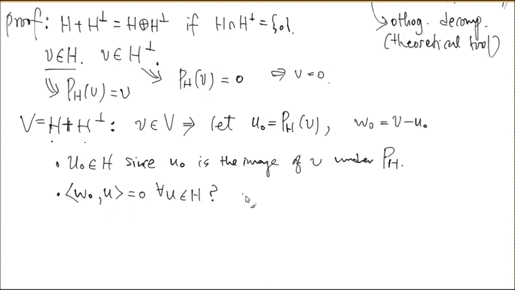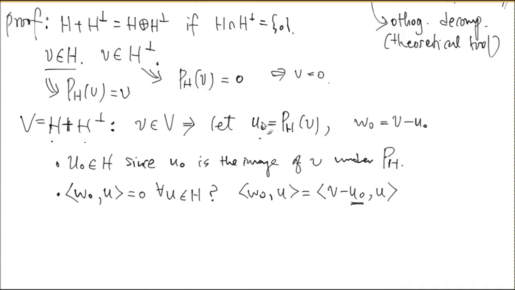What is W0? W0 is V minus U0, right? But what was U0? That was the orthogonal projection. But what was the definition of orthogonal projection? Remember the definition of orthogonal projection?